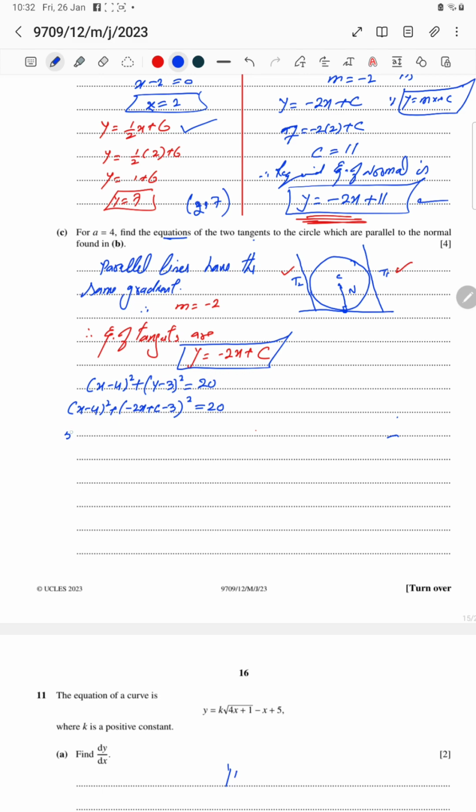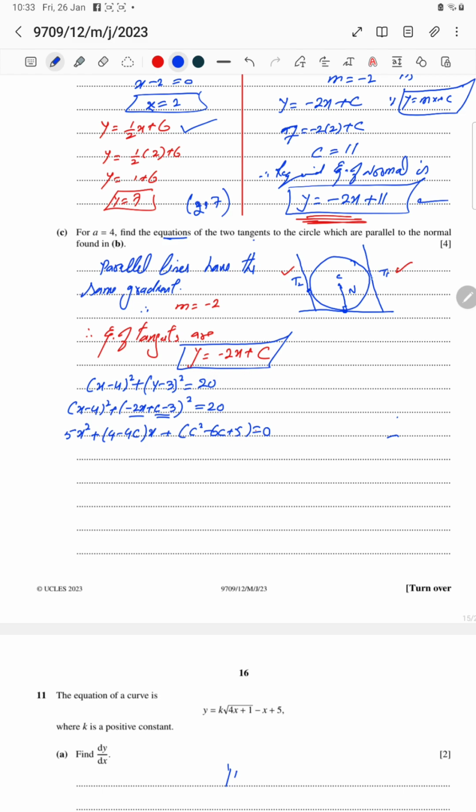I will finally get 5x square plus (4 minus 4c) times x plus c square minus 6c plus 5 equal to 0. You can expand it using the (a plus b) whole square formula. After simplifying, finally we'll get this. And further, the lines are tangents to the circle.